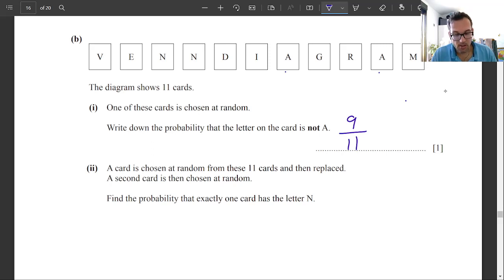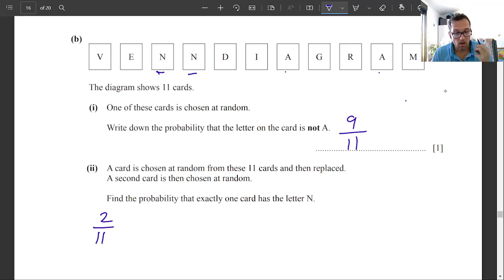Okay, let's think about this carefully. The first time we pick a card, let's imagine that's an N. What is the probability of that happening? Well, how many N's are there? There is 2 N's. Okay, so the chance of picking a card that is N is 2 out of 11. Put it back, and then we pick another card.